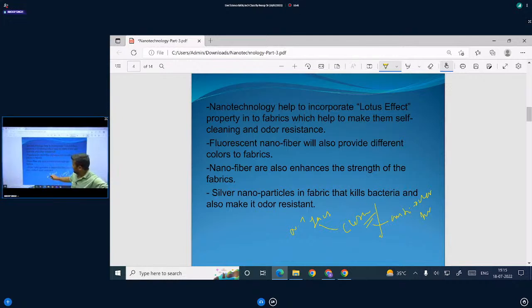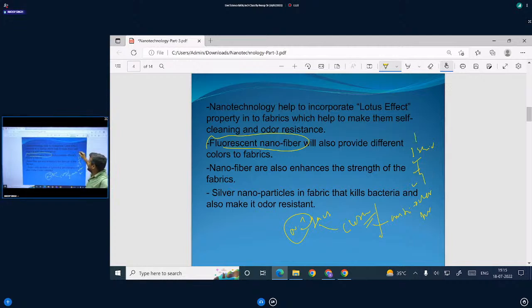With the help of this particular technology, we can also make fluorescent nanofibers. So it will help to change the color of the cloth according to the condition and the environment. Got it? This is an important thing. Suppose you purchase just one shirt and automatically its color changes according to the condition.